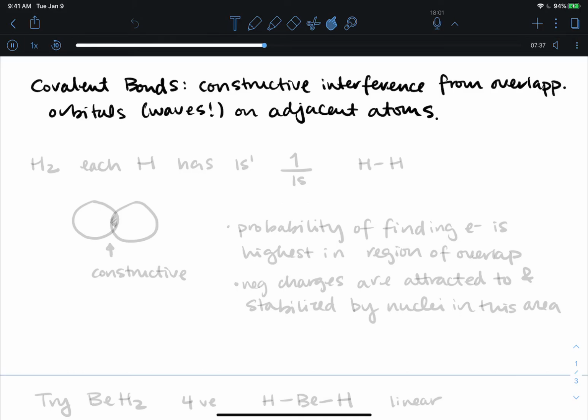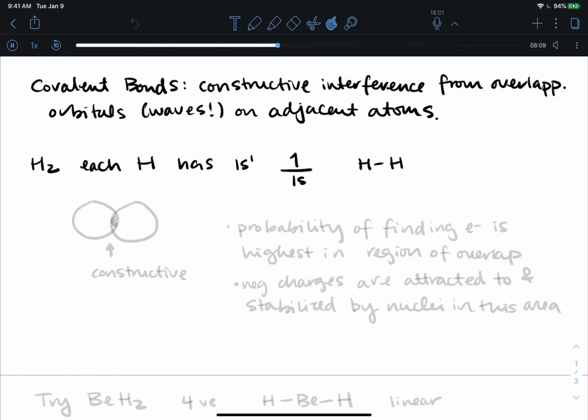Okay, so if we look at H2 as an example here, something that we know very well, each H has the electron configuration of 1s1. So I have this 1s orbital with one electron in it for each one. And if I were to draw a Lewis structure, which also approximates my VSEPR geometry, since this is just a diatomic, it would look something like this.